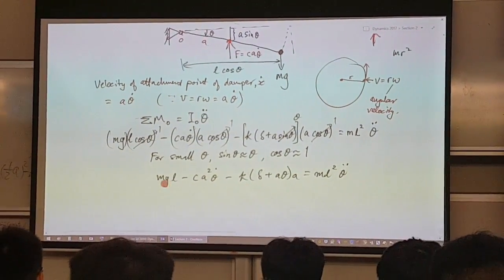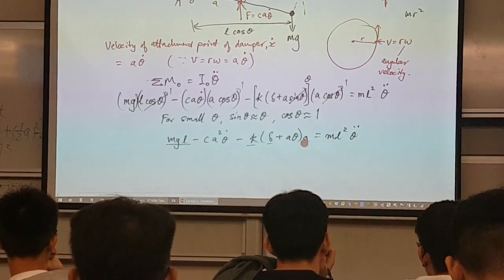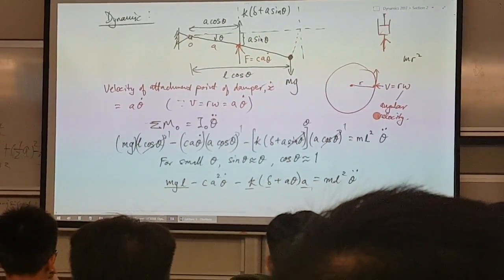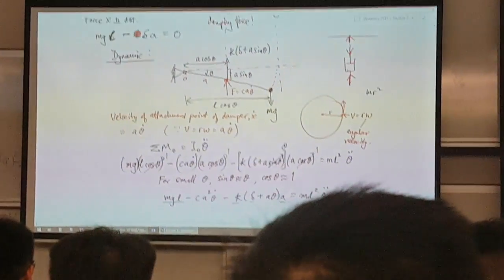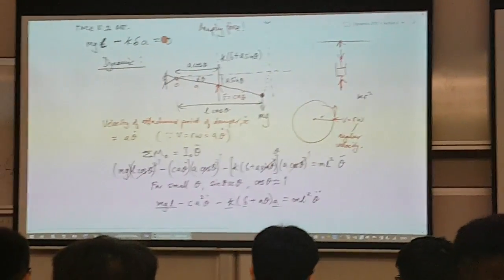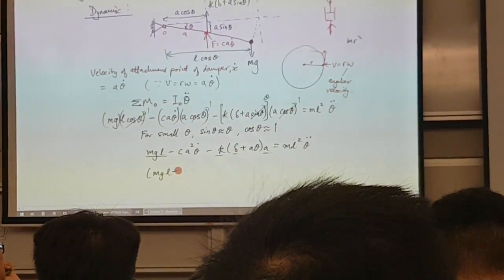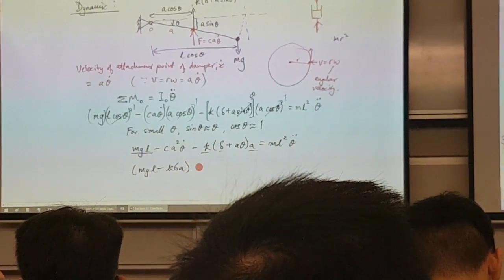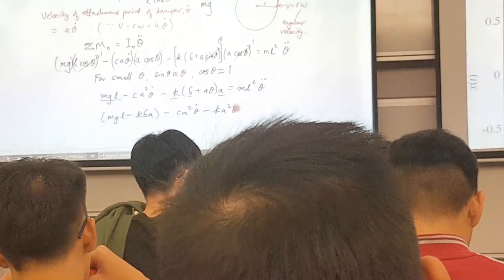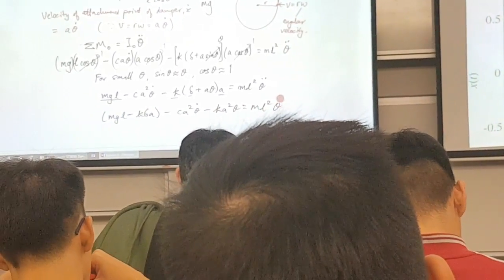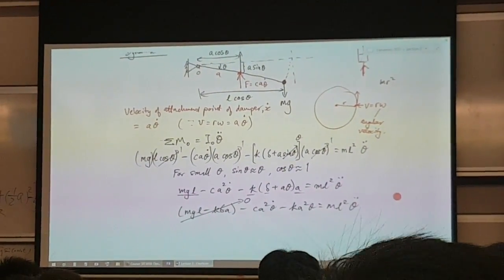I can see that there's mgl minus k delta a, which looks familiar because at the top I have mgl minus k delta a equal to 0. So I can simplify it. We have mgl minus k delta a, minus c a squared theta dot, minus k a squared theta, equal to m l squared theta double dot. The first term, because of the static condition, is equal to 0.